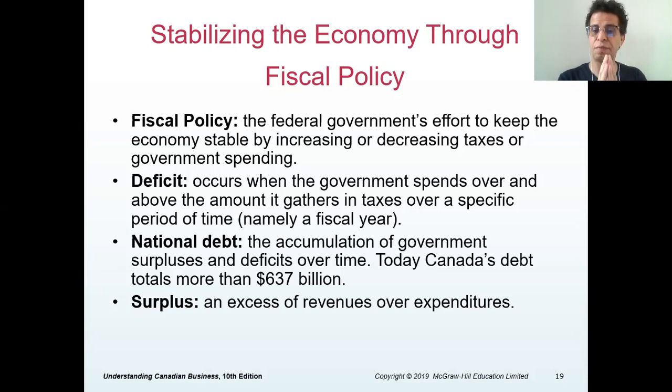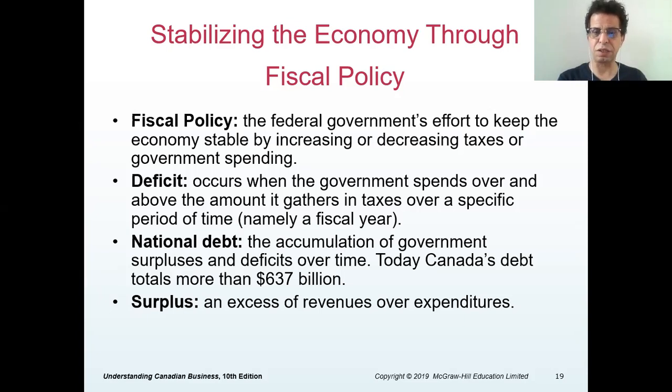Fiscal policy is about the federal government's efforts to keep the economy stable by increasing and decreasing taxes or government spending, not by supplying more or less money and interest rate. That's the Bank of Canada. Here is the fiscal policy, by decreasing or increasing taxes and government spending.